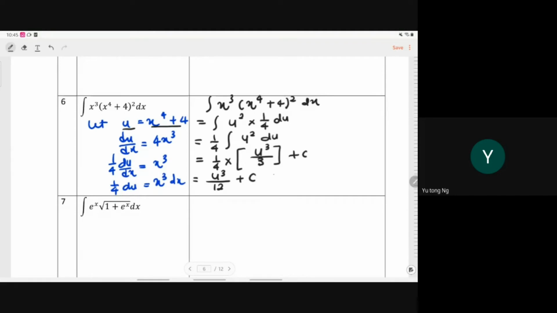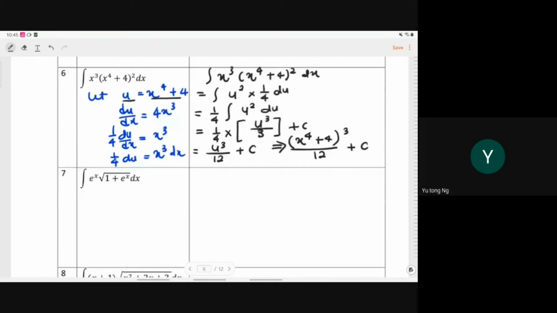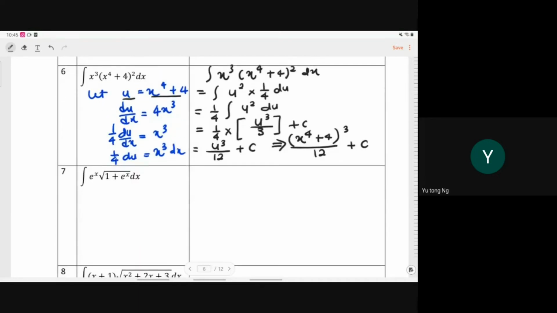So we're going to substitute your u with the original equation. So u is equivalent to x to the power of 4 plus 4, then to the power of 3 over 12 plus c. Always leave your answers in the simplified version. So that is question number 6.